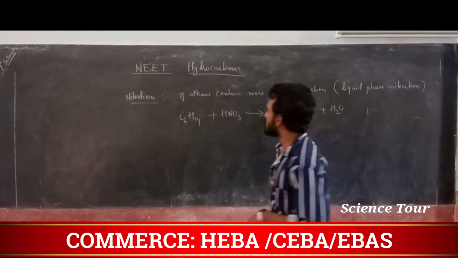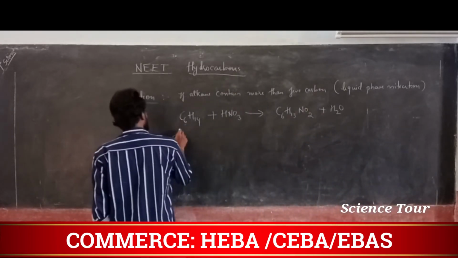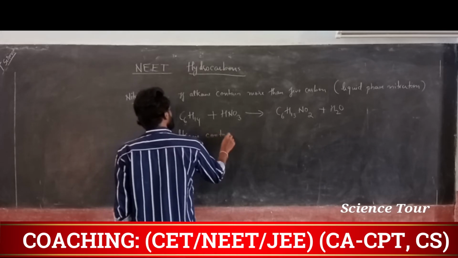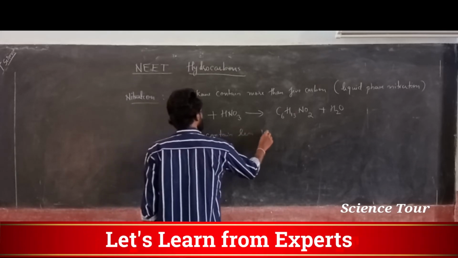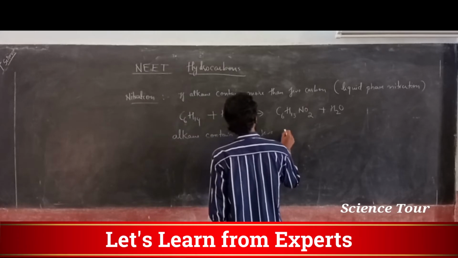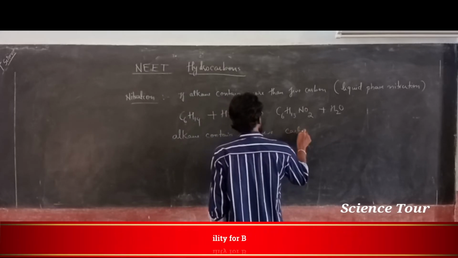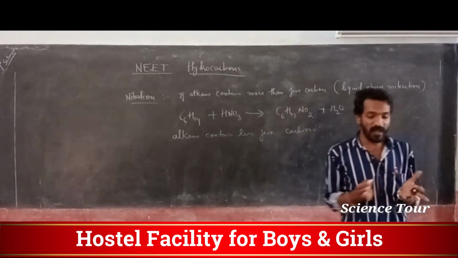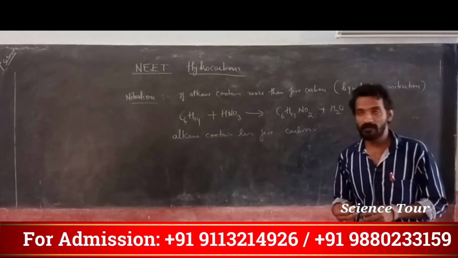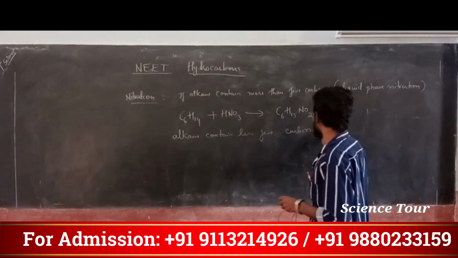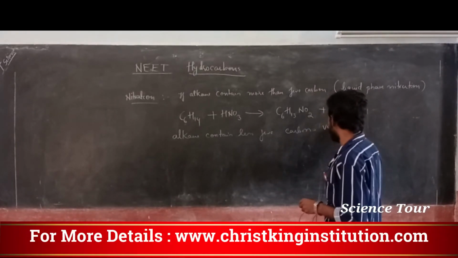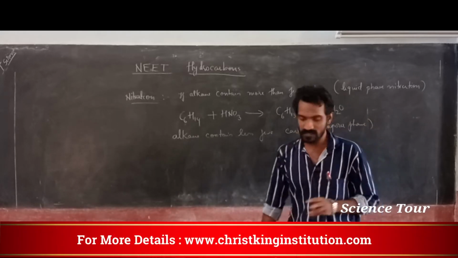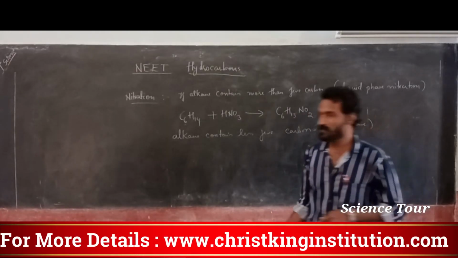Suppose the alkane contains less than 5 carbon, that is called vapor phase nitration. Vapor phase nitration. Note down, my dear students, less than 5 carbon, then it is called vapor phase nitration.